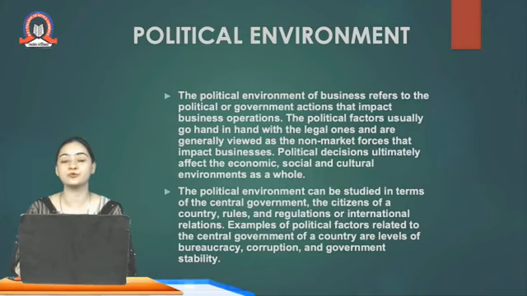Examples of political factors related to the central government of a country are levels of bureaucracy, corruption and government stability. At the end, we need stability in our business, which is possible only when the government policies are stable for the businesses.